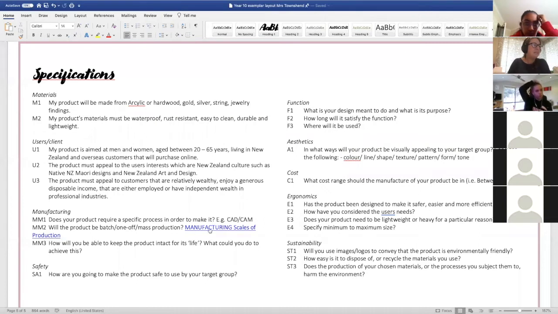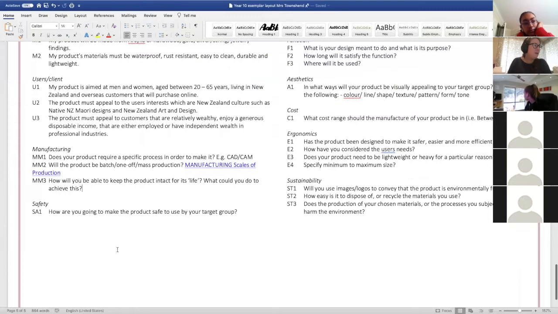And the link there talks about the different scales of production. It's always good to say what you're designing the product for, but also refer back to the fact that we're just making one prototype in the school.